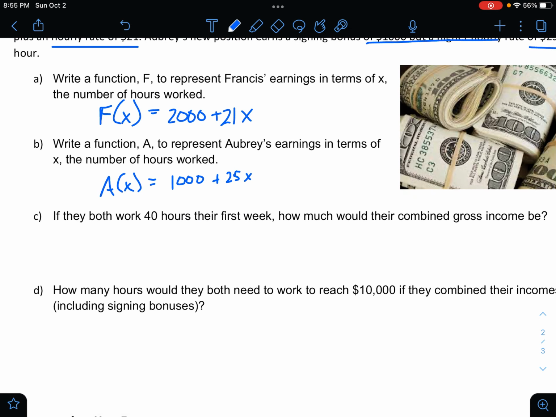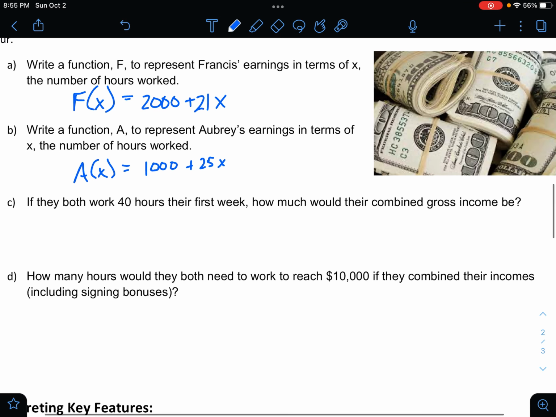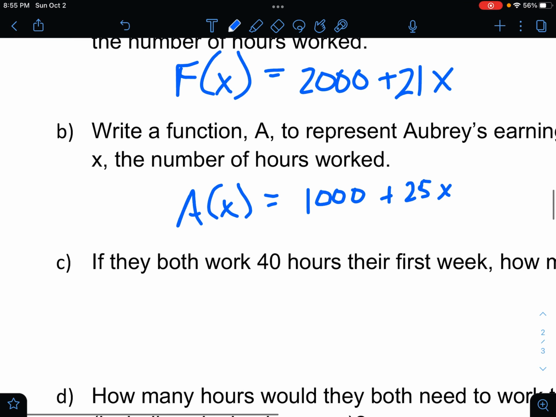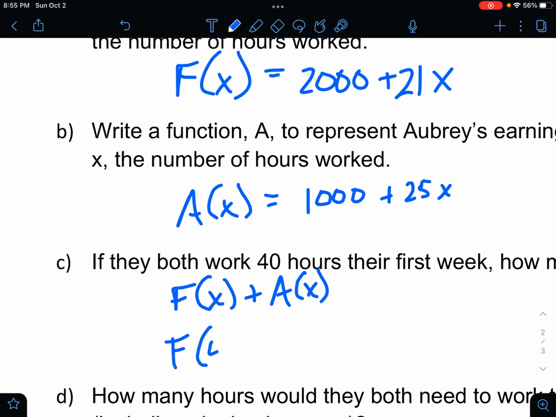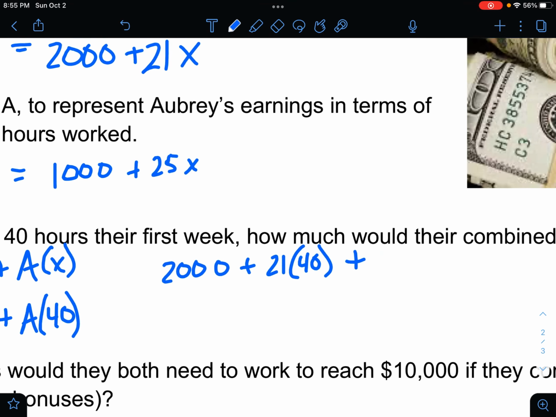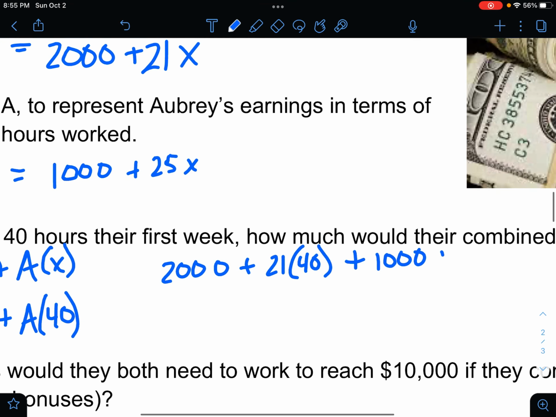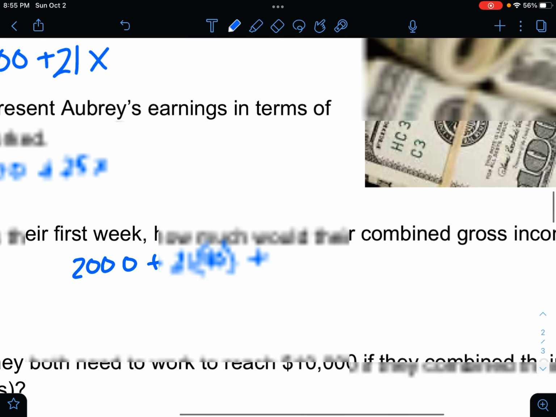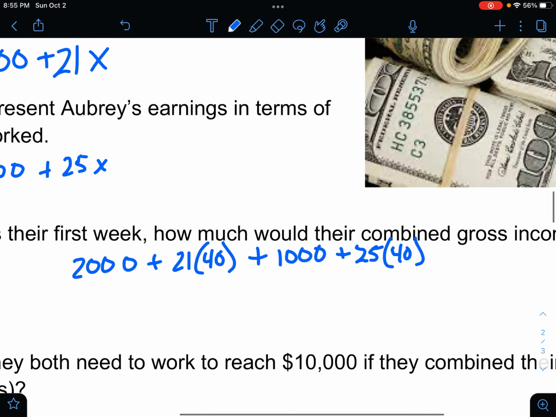Okay, if they both work 40 hours their first week, how much would their combined gross be? So in this case, they're saying let's add f of x plus a of x, and let's plug in 40, right, for both for their hours worked. So we're going to have 2,000 plus 21x, but we're going to change that to be times 40, plus 1,000 plus 25x, which again, we're saying that they're working 40 hours.